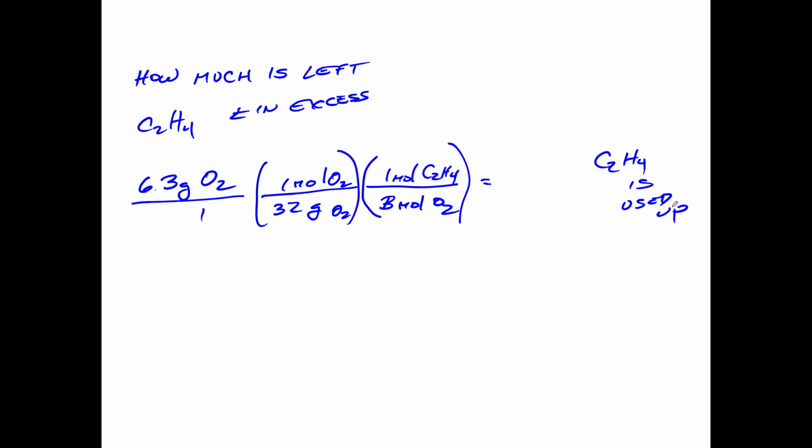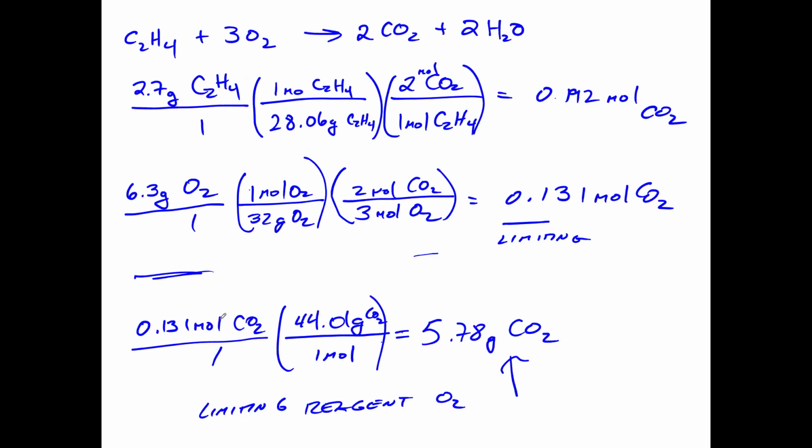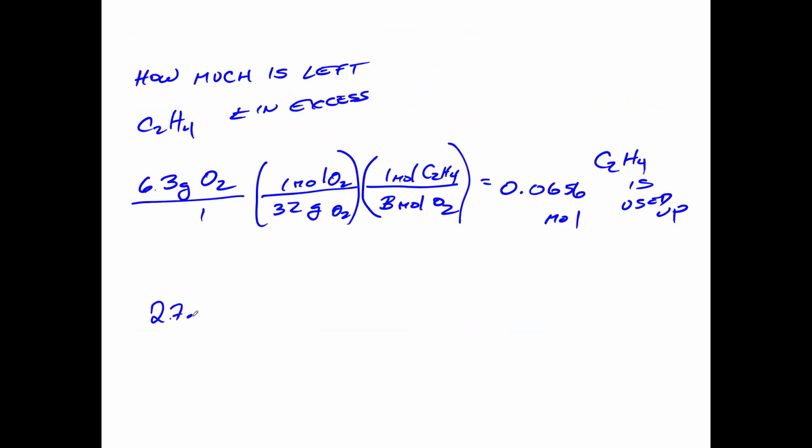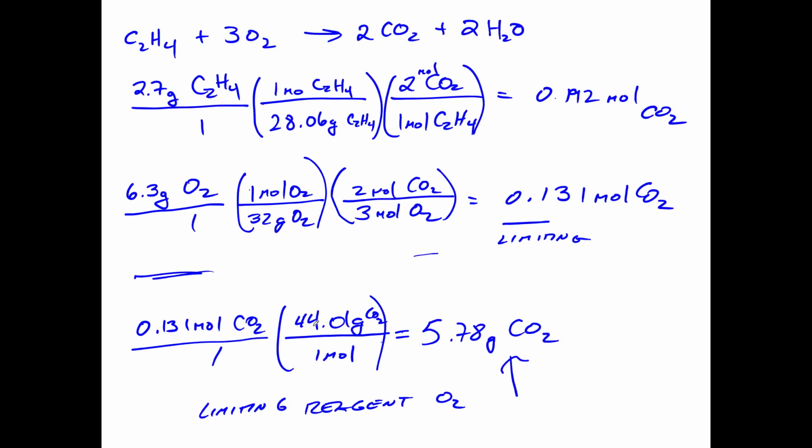So 6.3 divided by the quantity of 32 times 3, and you're going to get 0.0656 moles of this used up. Now, to find how much is in excess, we go back and take the 2.7 and figure out the moles of this that we have.